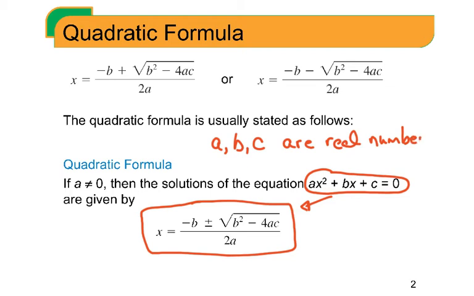So if there is a real solution, it's going to be given by x equals minus b plus or minus the square root of b squared minus 4ac, all divided by 2 times a. So if you have this memorized, it might be easy to use. If you don't have it memorized, completing the square might be easier.